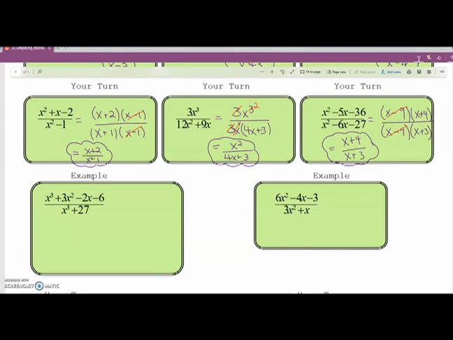In this next example, we have to factor by grouping, and it's been a while, but we kind of look at the first two and take out the GCF, then we look at the next two and we take out the GCF. So we take an x squared out of the first two, and we're left with x plus 3.